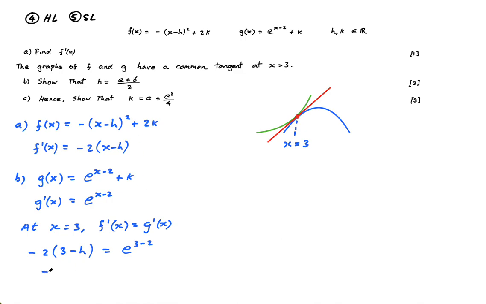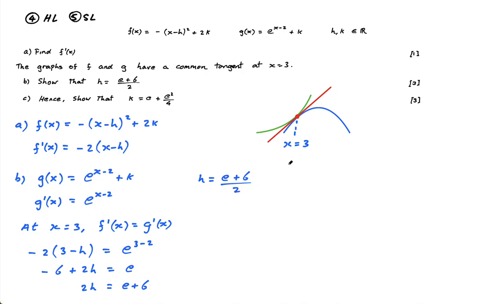I'm going to get minus 6 plus 2h, minus times minus is plus, equals e, because 3 minus 2 is 1, and then 2h equals e plus 6, which means I'll just write it here, guys. h equals (e plus 6) over 2.